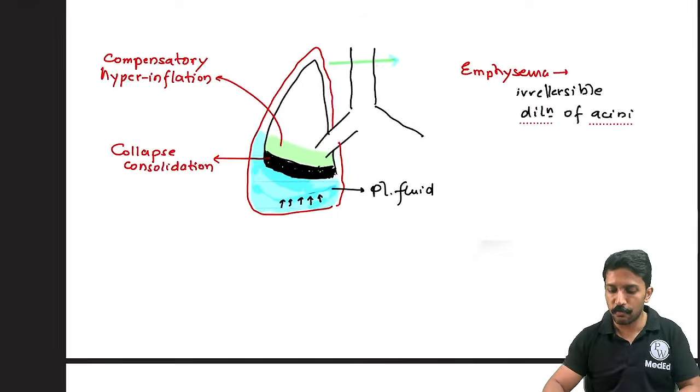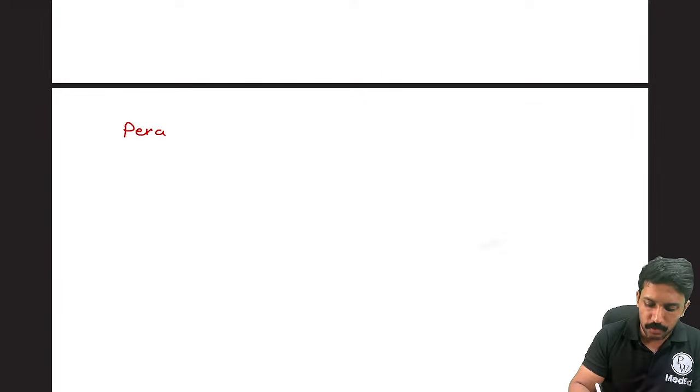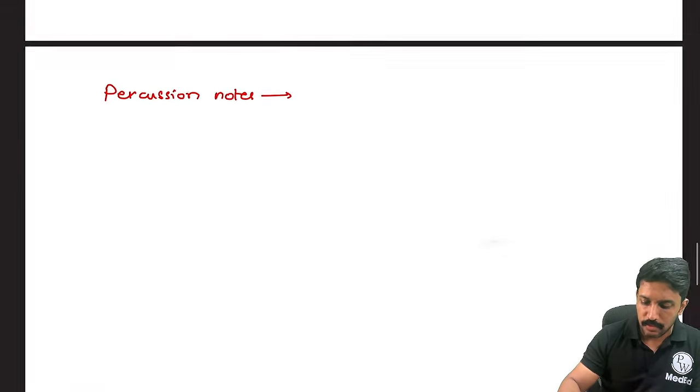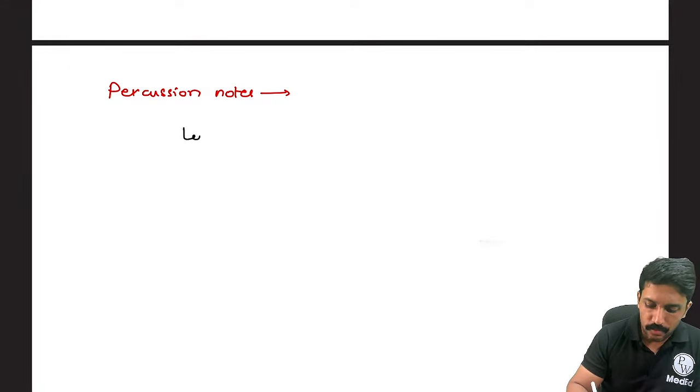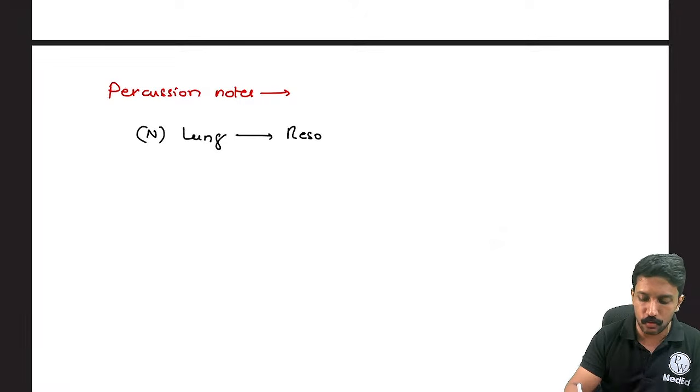Okay, so for those who are not familiar, let me write down the percussion notes that we should know. What are the percussion notes generally we get? When I percuss over the normal aerated lung, the percussion note is what we call a resonant note.